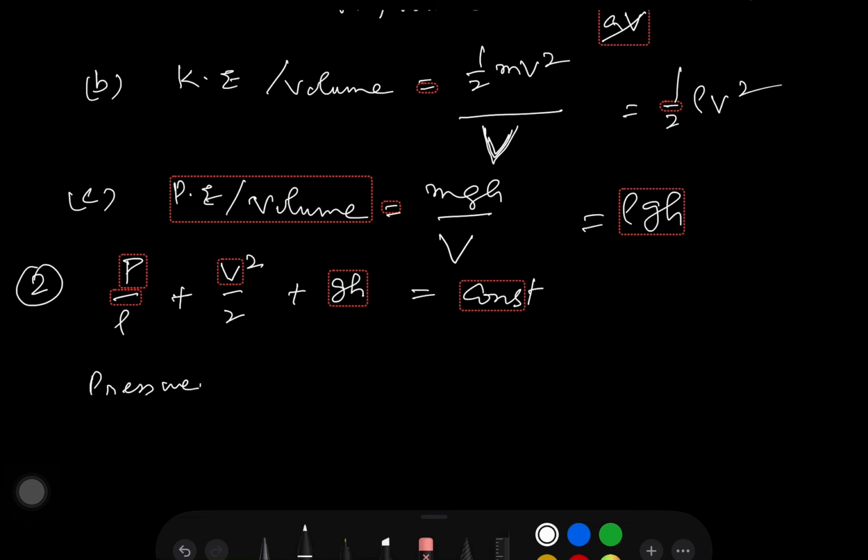And this is called the total energy per unit mass, which always remains constant. P upon rho is pressure energy per unit mass.